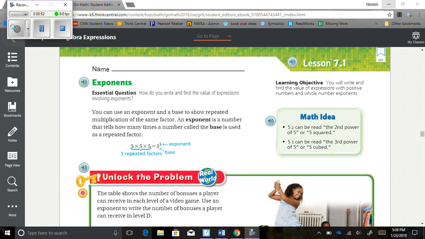So our base is 5 because that's the number being multiplied repeatedly, and the exponent is 3 because it was multiplied 3 times. So that number can be read as 5 to the third power or 5 cubed. If that was squared, it would be 5 to the second power or 5 squared.